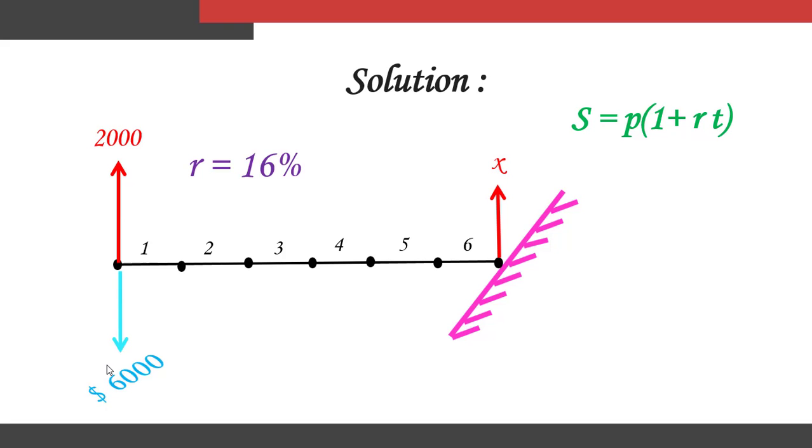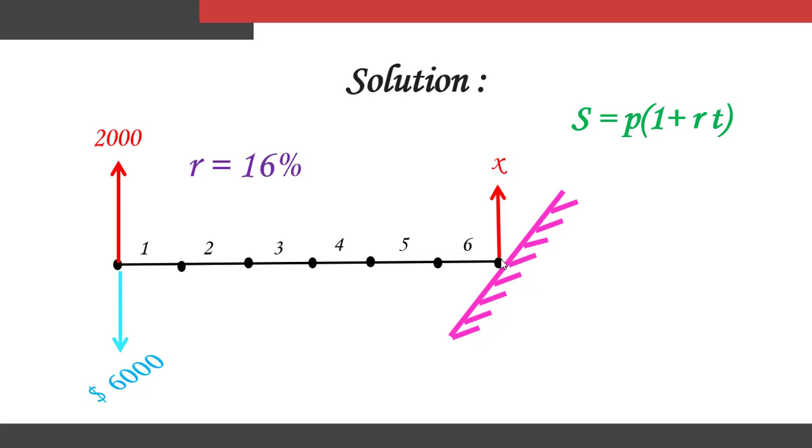By the same way, the old obligation is $6,000. We will exchange one old obligation with two new obligations. First of all, $2,000 now and X after 6 months.